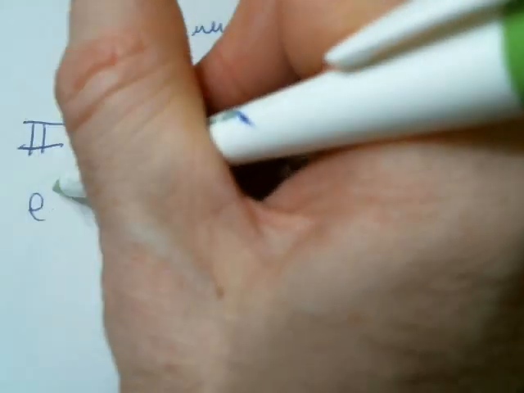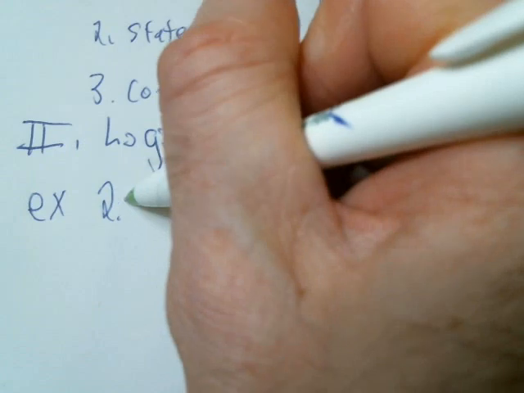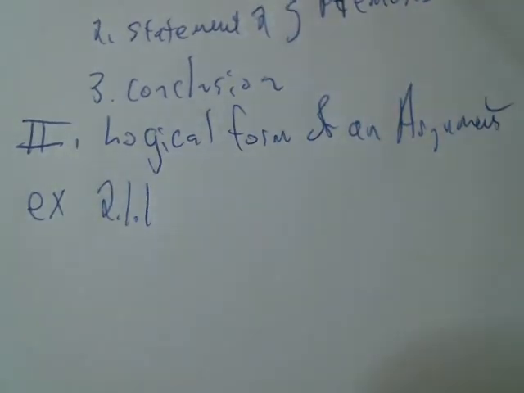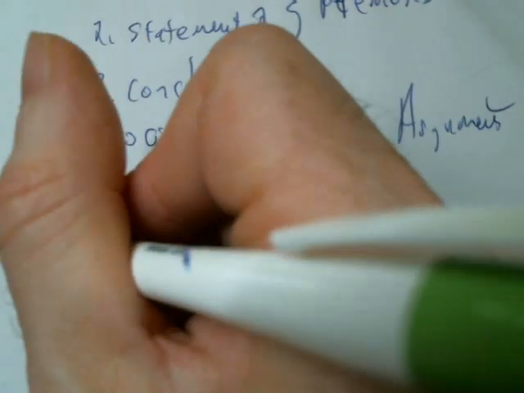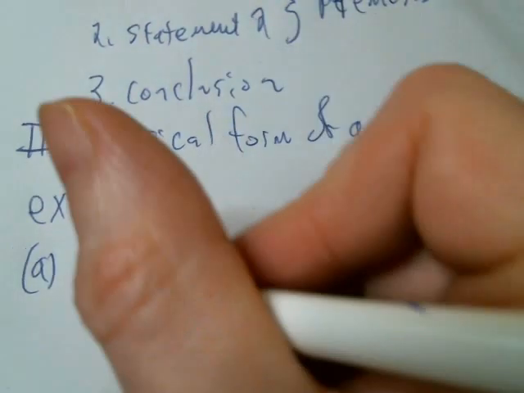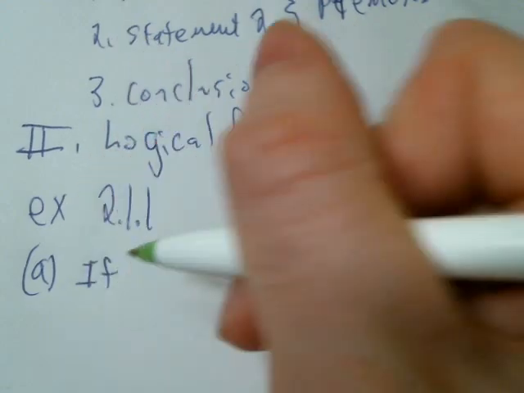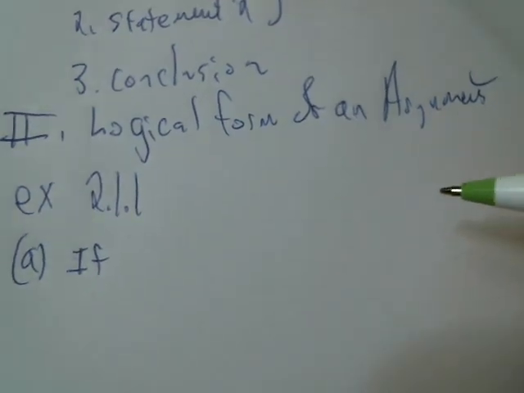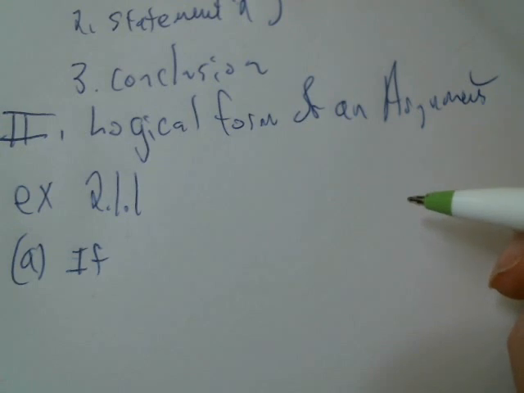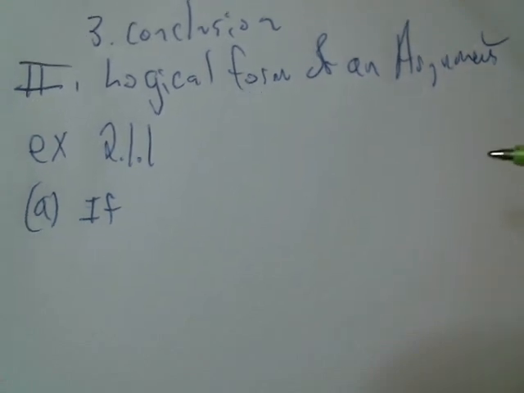We'll look at an example in the book. So I use the book a lot. You may want to have your book by your side. So example 2, the argument here: if Jane is a math major or Jane is a computer science major, then Jane will take math 150. Okay, so that's the first statement.